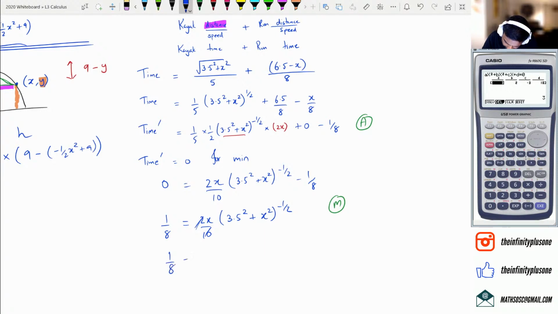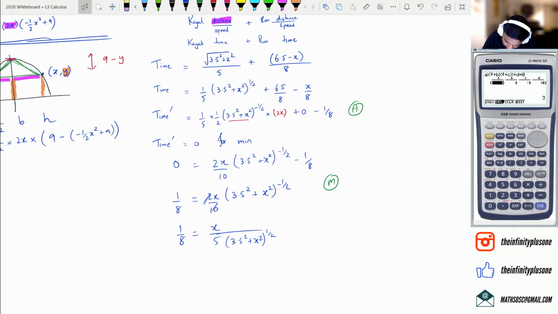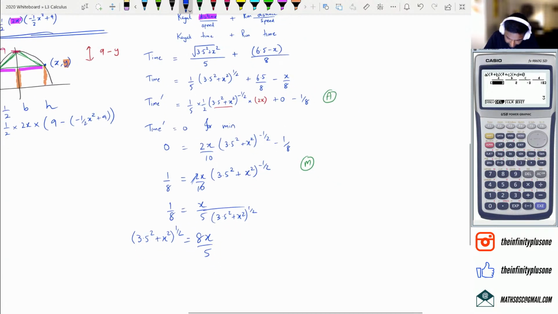So we're going to get 1 over 8 equals x over 5. I'm going to move this 3.5 squared plus x squared to the power of positive half. Cross multiply everything. So I've got 8x over 5 is 3.5 squared plus x squared to the power of half. Now, I got to figure out a way to get rid of that half.